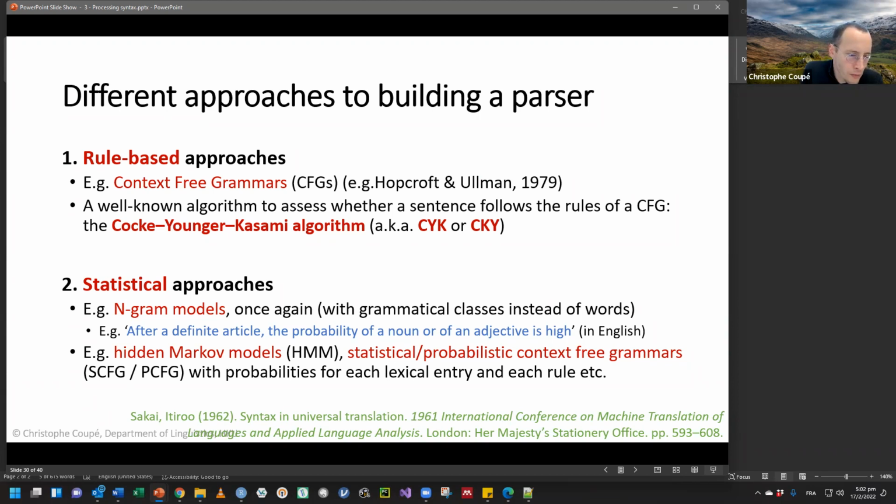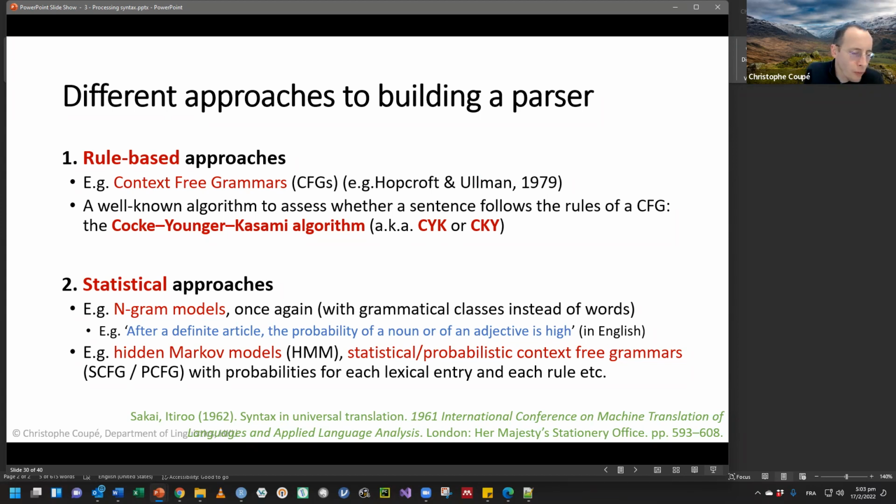For instance, if you work on English, you could extract something like, if you have a definite article like the, the probability that after this article you have a noun or an adjective, the cat, the small cat, the house, the big house, the small house, the probability that you will get a noun or an adjective just after the article is very high. This is the kind of stuff you can encode in an n-gram model.